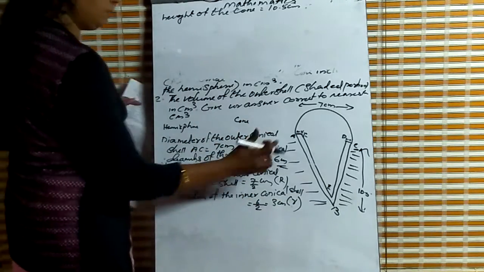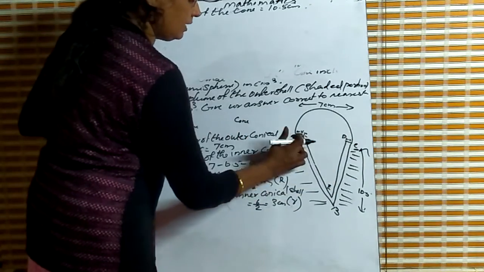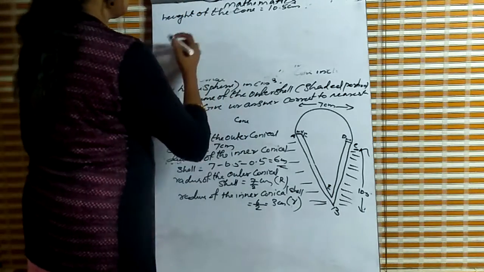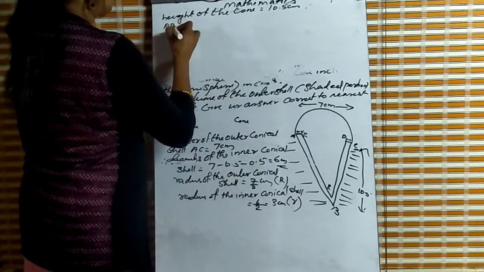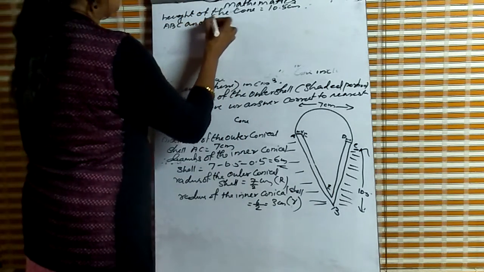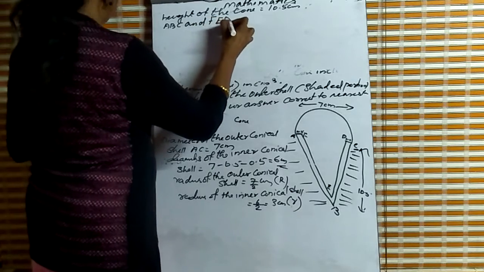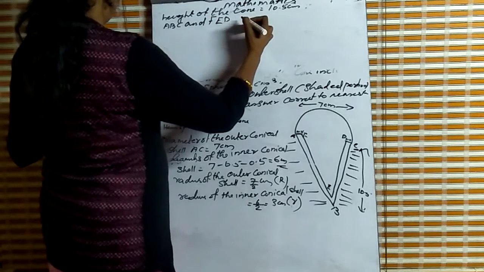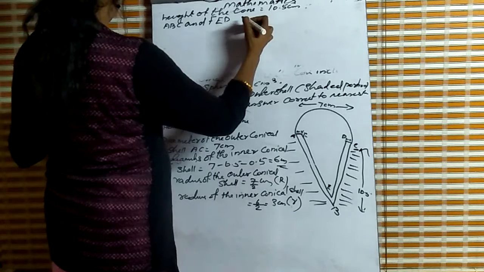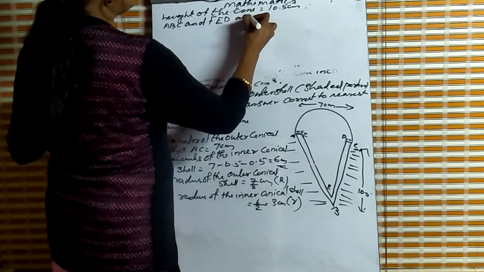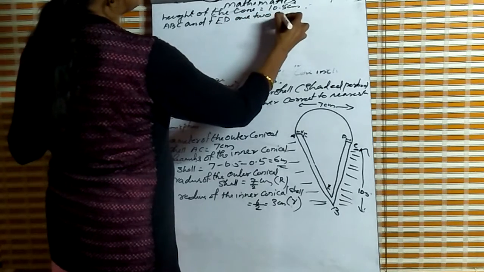In the figure, ABC and FED are similar triangles.